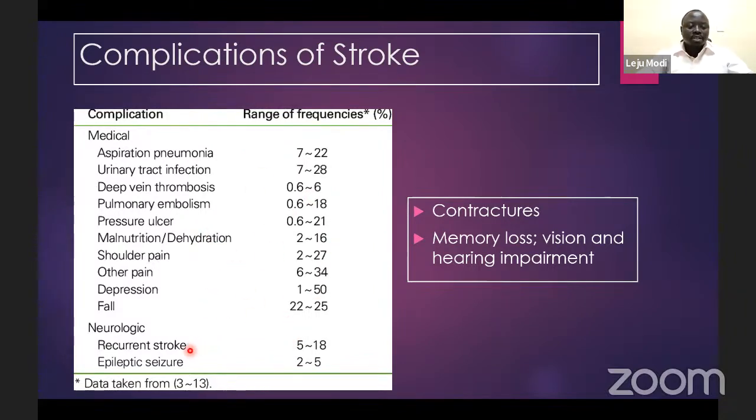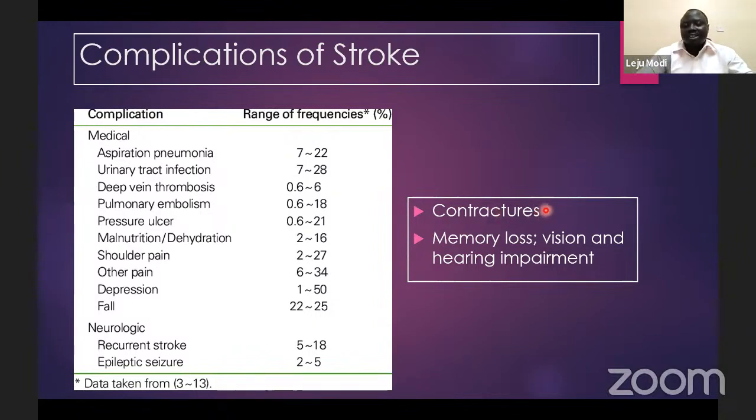The other, in terms of the brain function, can be recurrence of the stroke, which is not a good thing. And epilepsy or epileptic seizures can also come. In terms of recovery of the extremities, some of them can develop contractures. So the arm is no longer easy to stretch out because of that constant folding it back.